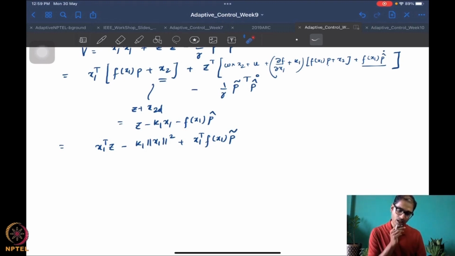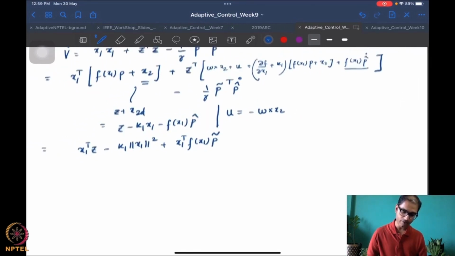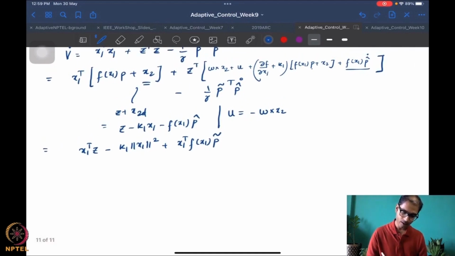Then I will have minus del f del x1 plus k1 I, just so that the dimensions match, times x2. This is to deal with this term.